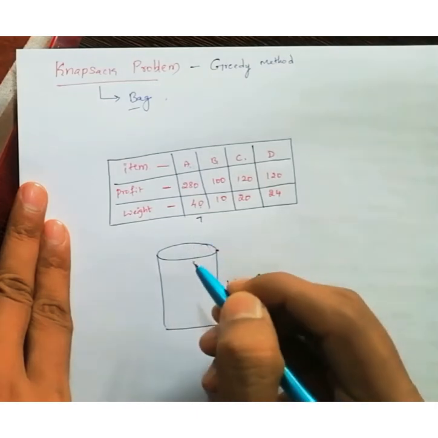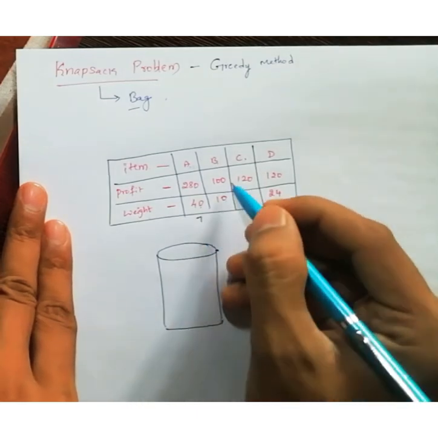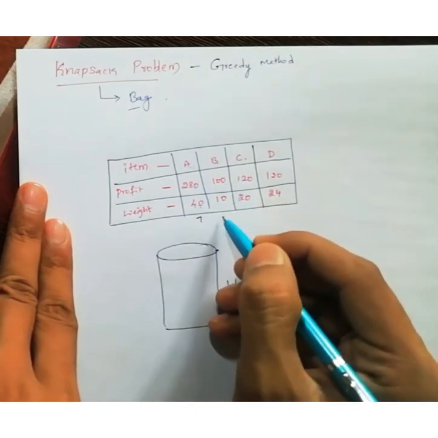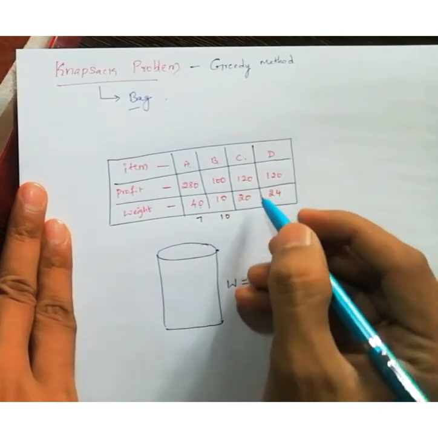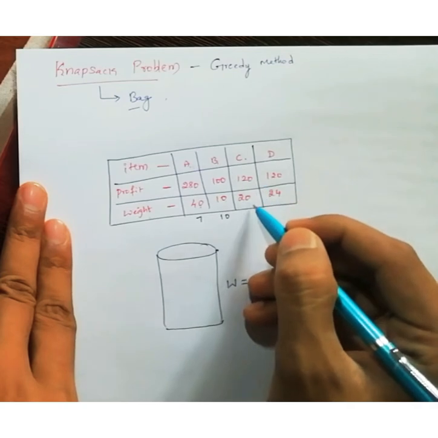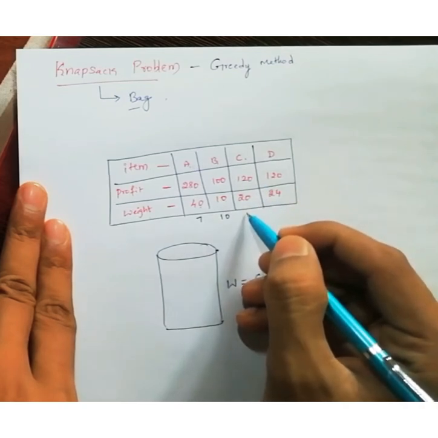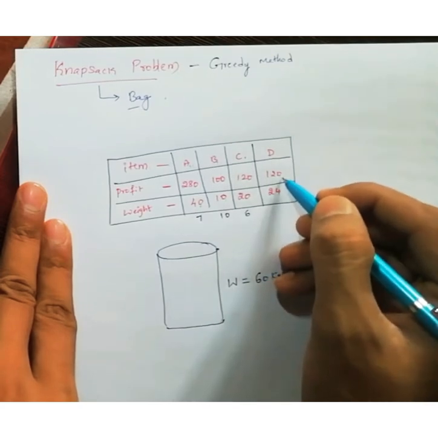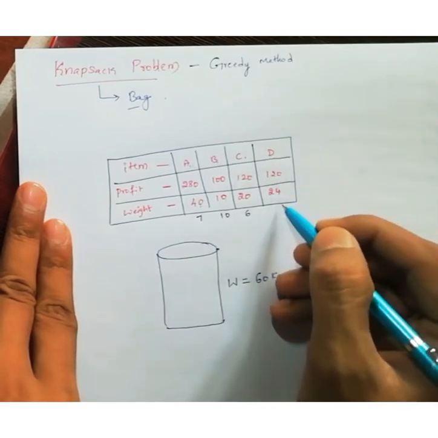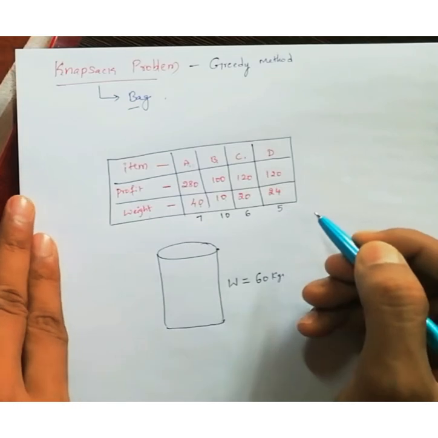Per kg you will get 7 rupees. Next, 100 rupees for 10 kgs means you will get 10 rupees per kg. Next, 120 rupees for 20 kgs means 6 rupees per kg. Next, 120 divided by 24 means you will get 5 rupees per kg.